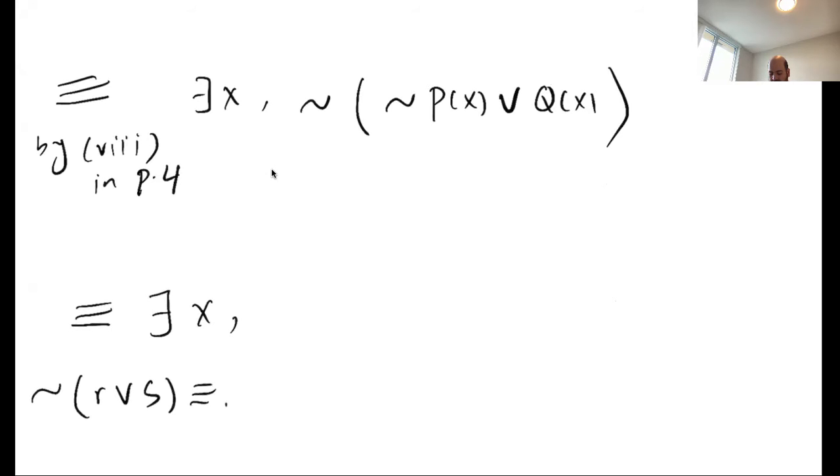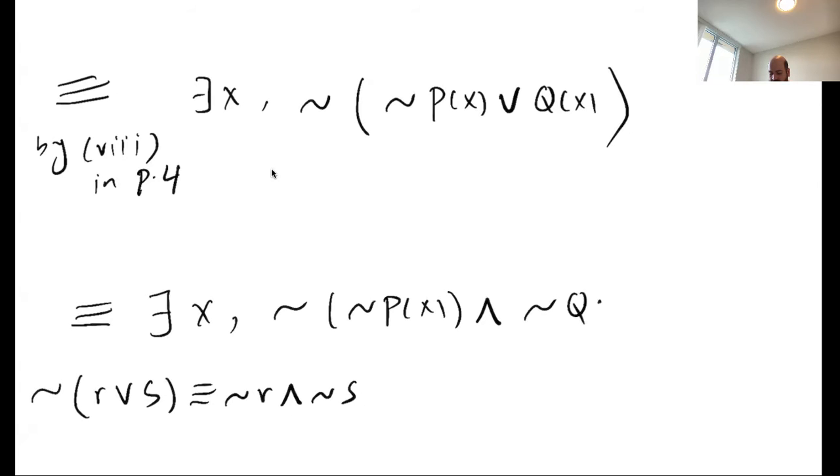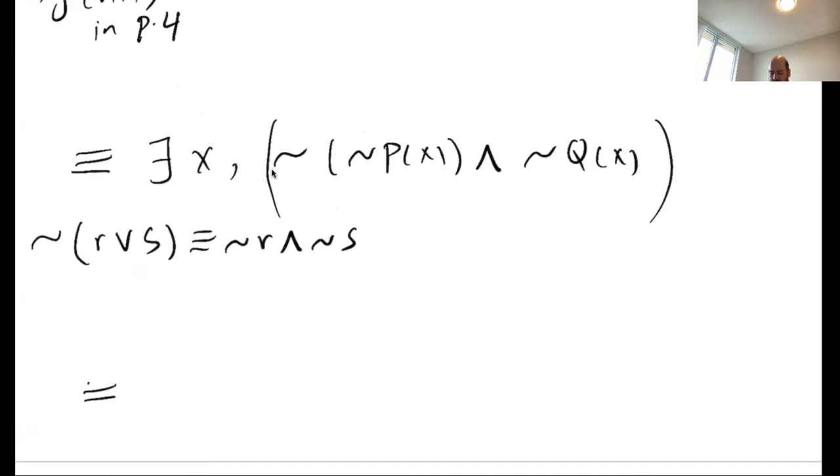By De Morgan's law it is negation R conjunction negation S. So this is the same as saying that, my R is negation P here, so negation P of x, disjunction becomes conjunction, and then negation Q of x. And then this is the same as saying there exists x, negation negation P of x is P of x, conjunction negation Q of x.